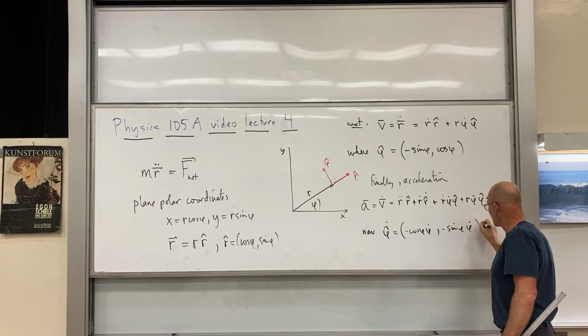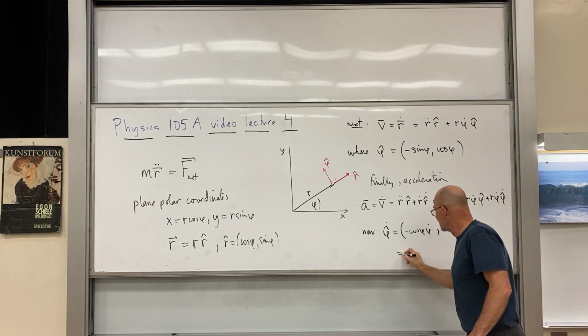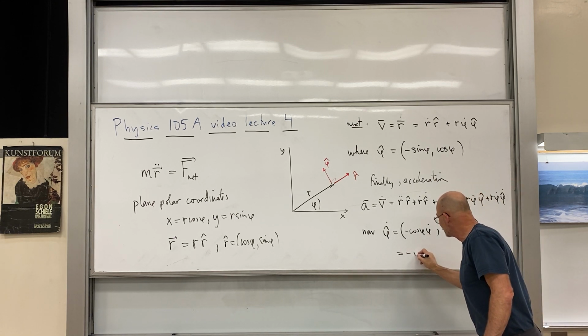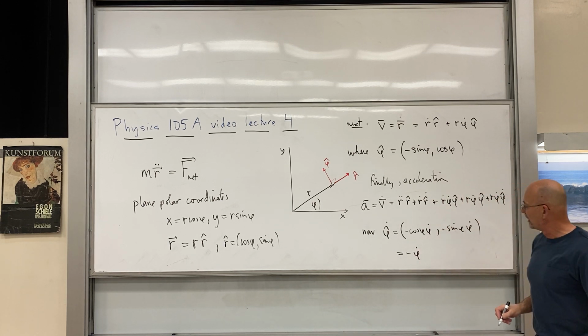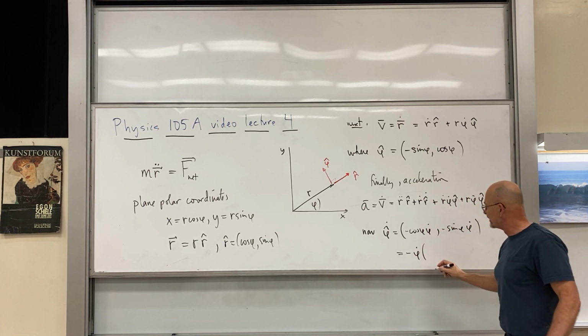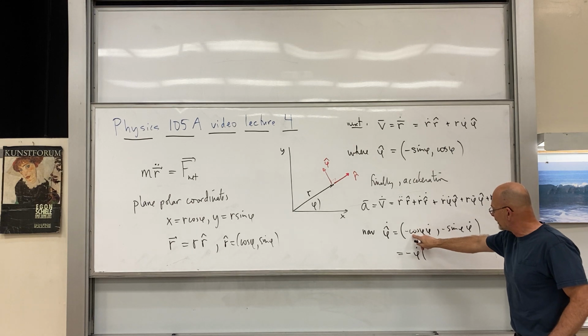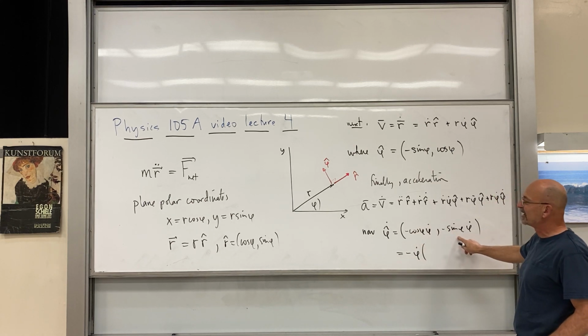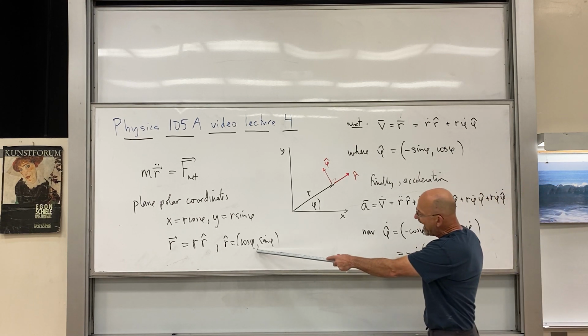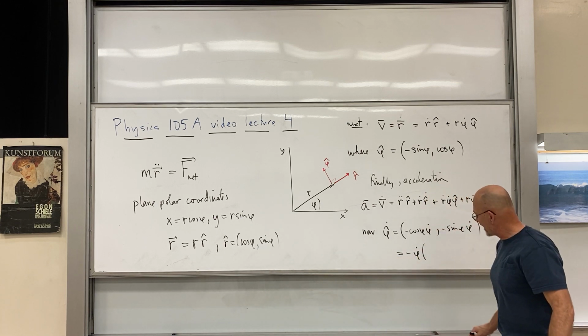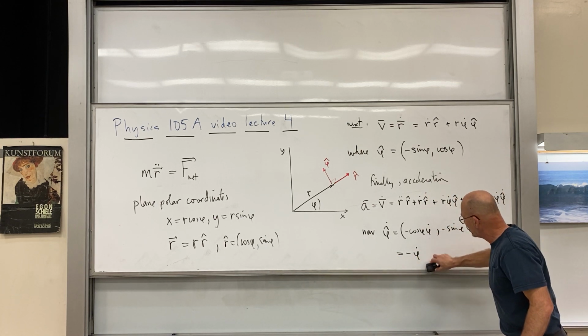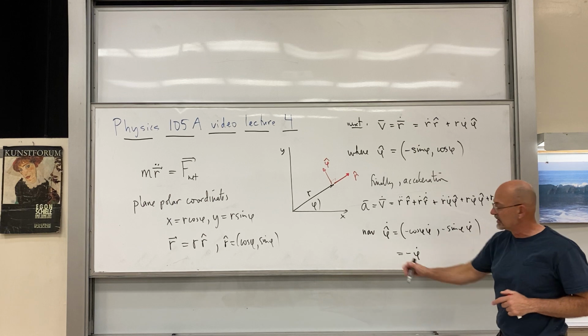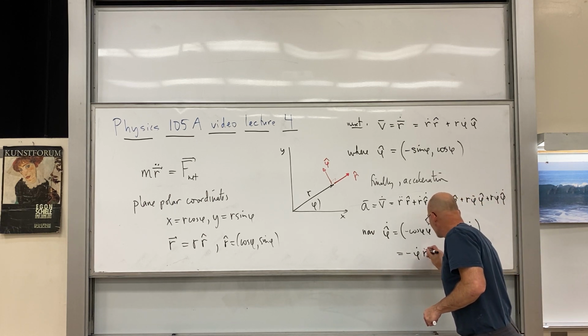And we see something interesting: we can pull out a minus phi dot common to this, and then we're left with cos phi, sine phi, which was r hat. For that reason, I'll skip that step. So phi hat dot is minus phi dot r hat.